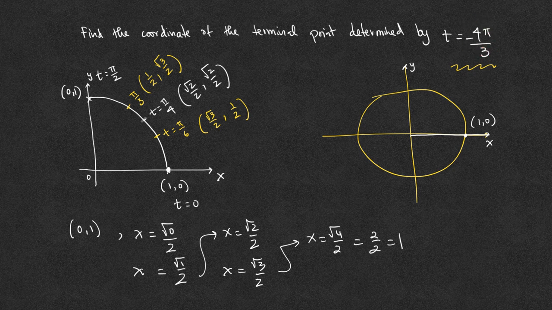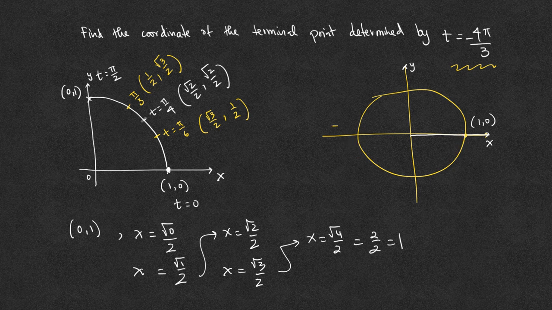Since the denominator is 3, we're going to count twice of pi over 6 each time, or 1 pi over 3 each time. 1 pi over 3 is 1/3 of a half of a circle, starting at the point (1, 0), going clockwise.